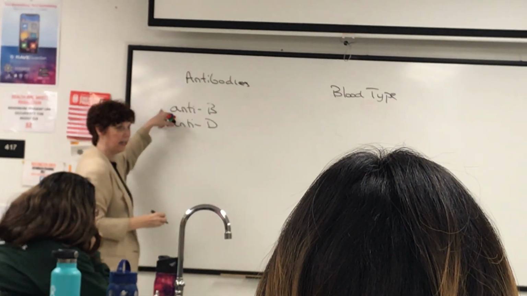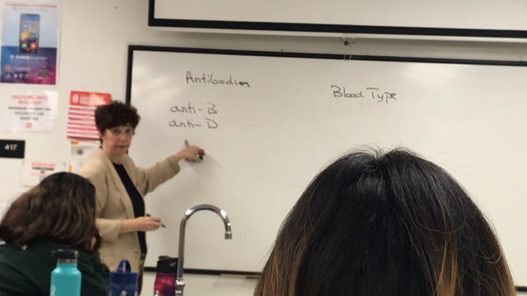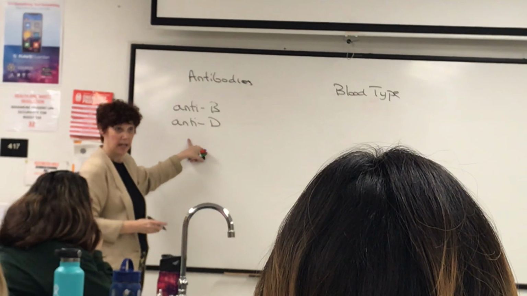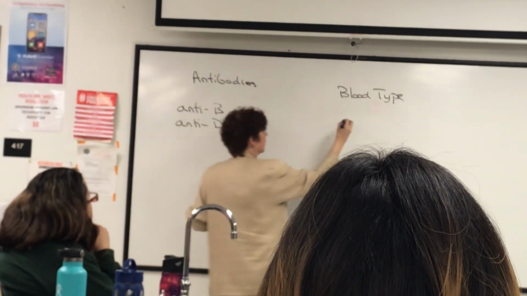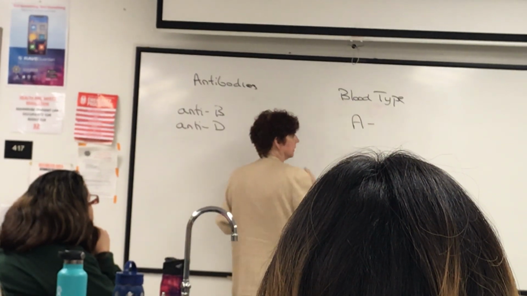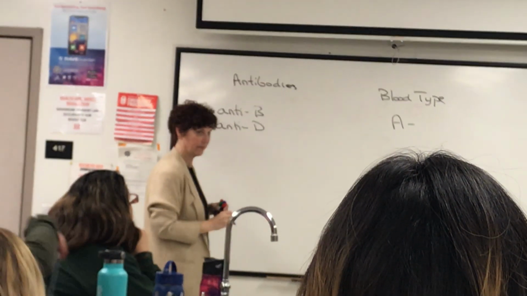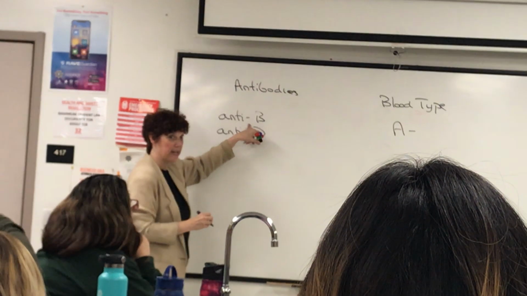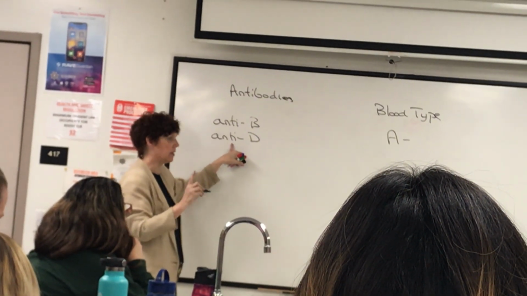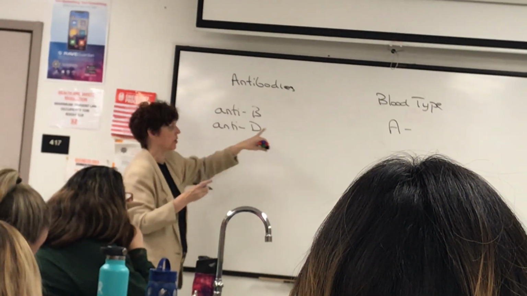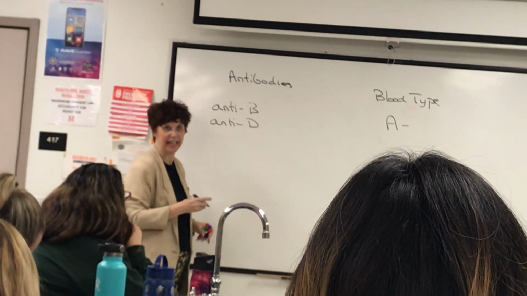We would have A, and we would have no D, but the person would have been exposed to it, all right? So blood type is A negative. Okay, so the presence of anti-B means we don't have B, we have A. The presence of anti-D means we don't have D, which is why we put negative, okay?